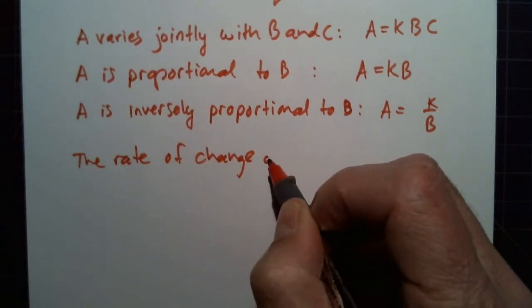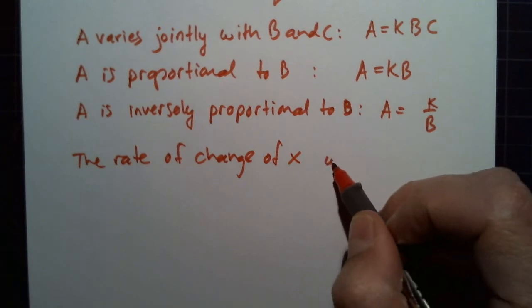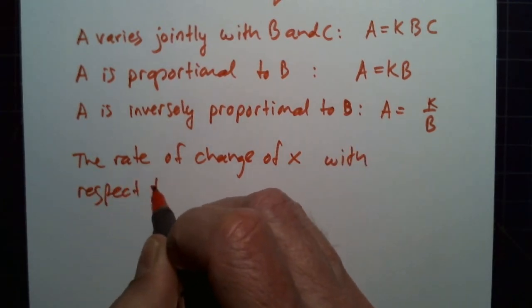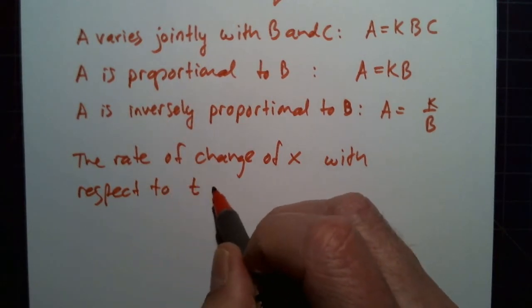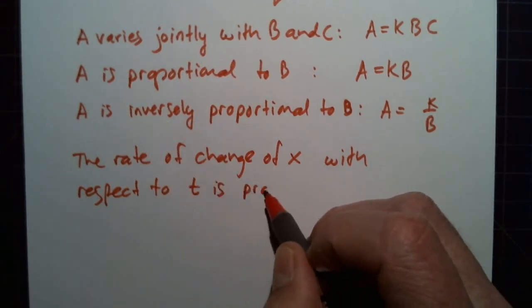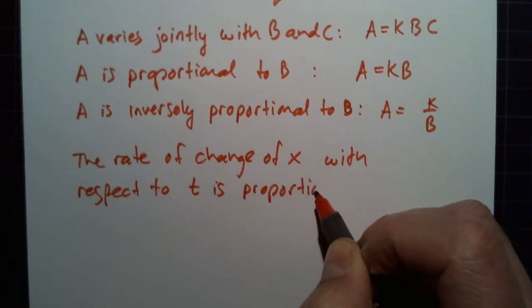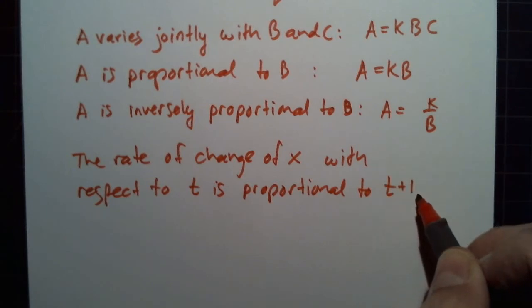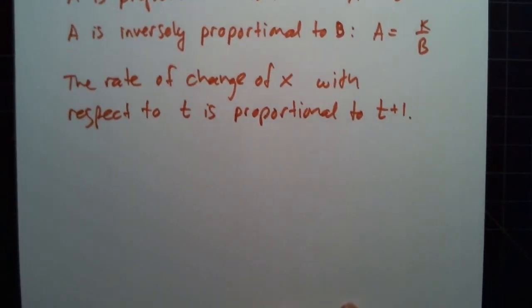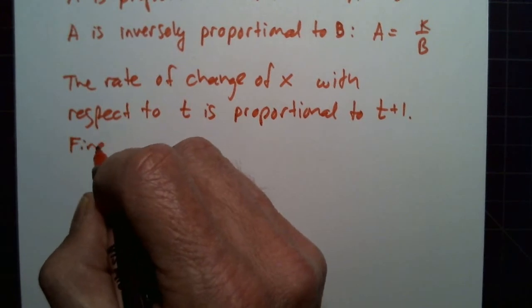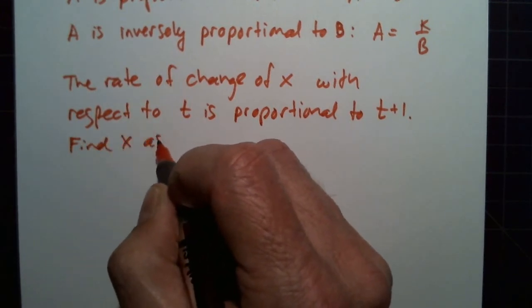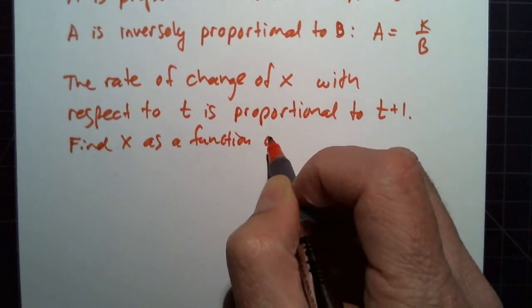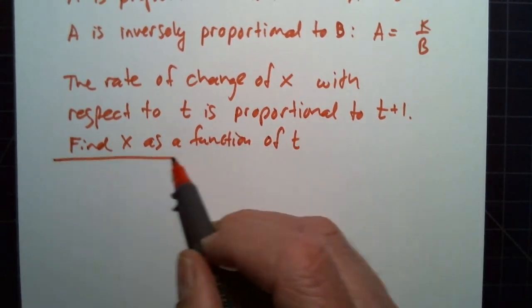The rate of change of x with respect to t is proportional to t plus 1. Find x as a function of t.